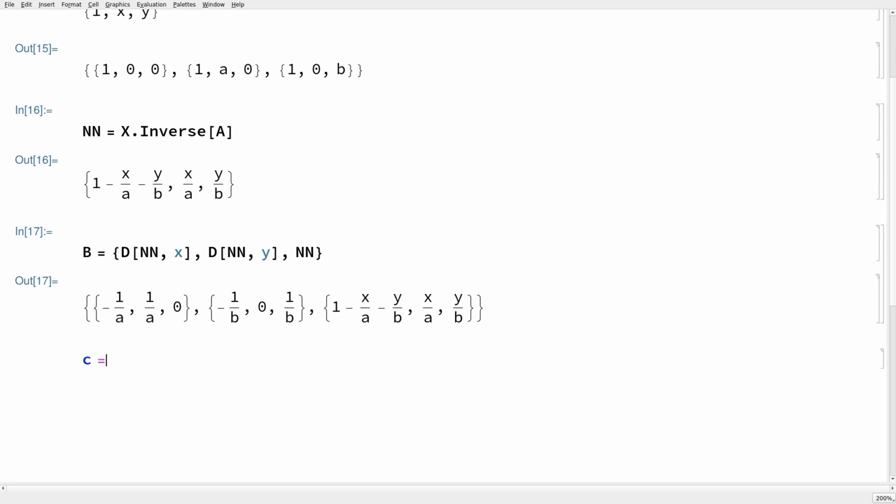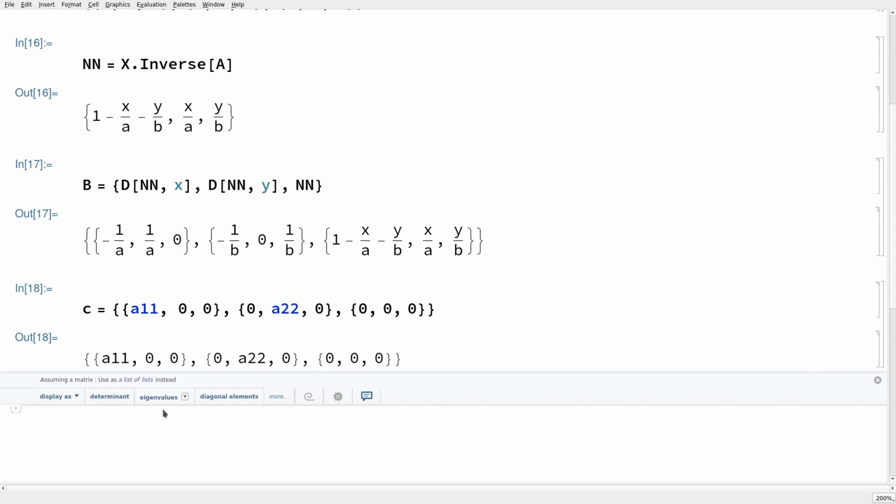My C matrix is, in this case, just A11, 0, 0; 0, A22, 0; and 0, 0, 0.